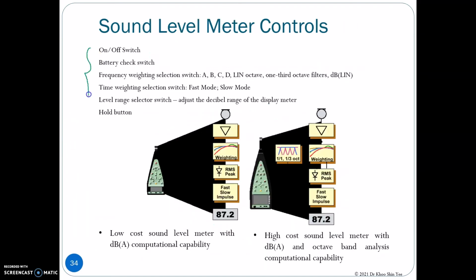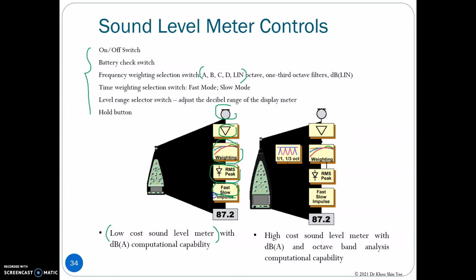These are the available buttons that you will find in the sound level meter. For a low-cost sound level meter, you have the microphone, amplifier, weighting such as A, B, C, D or linear weighting. Then you have the instantaneous RMS display or the maximum peak hold. Next you have the fast and slow mode for the time averaging.